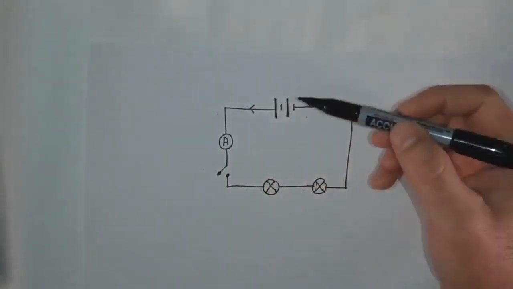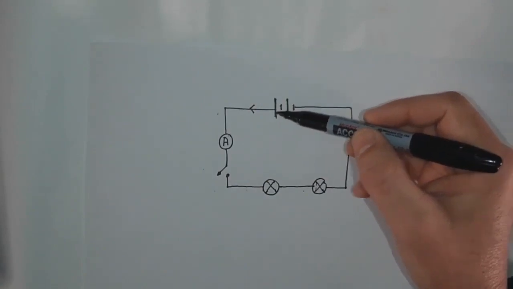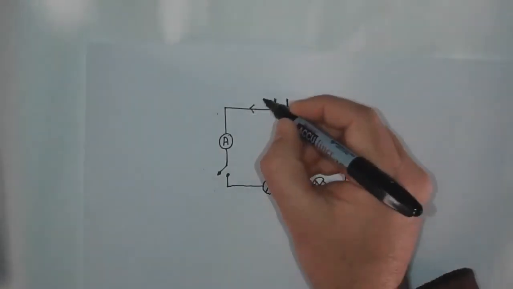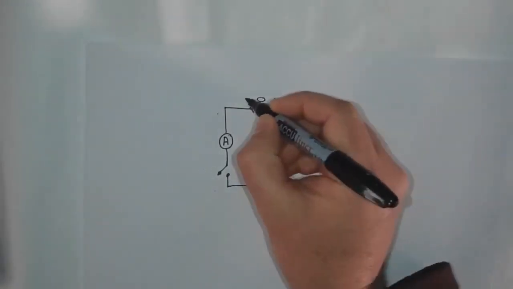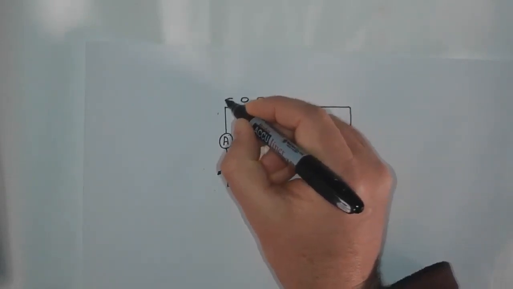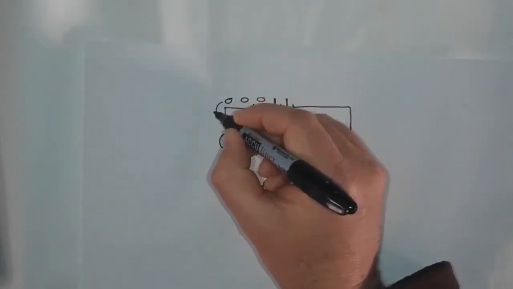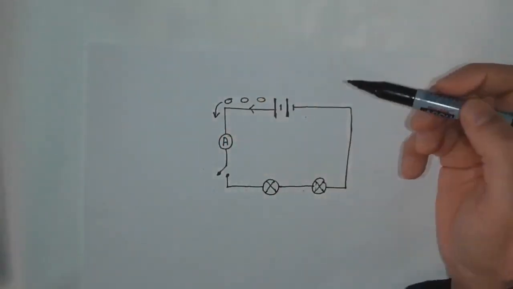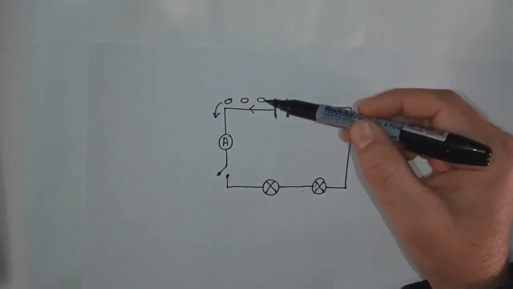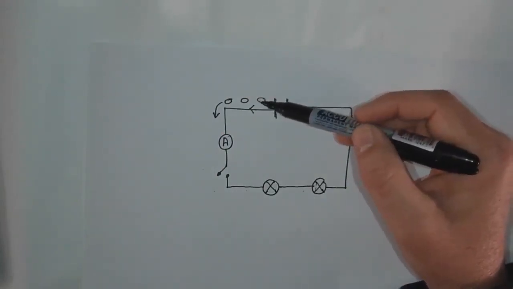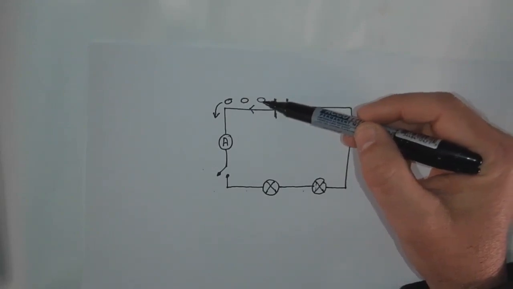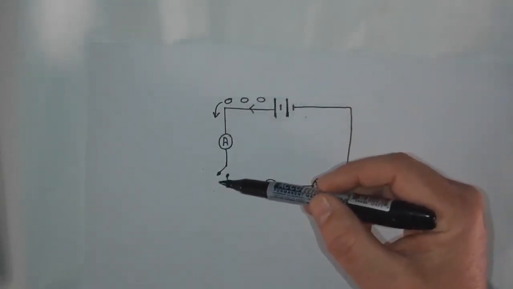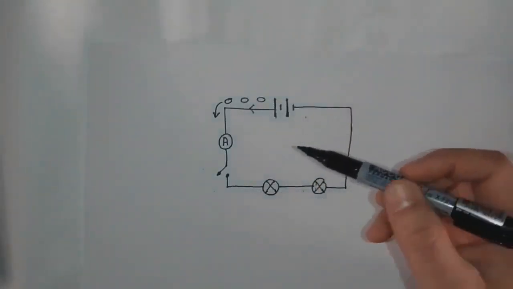This is of course conventional current. So the current will flow. I'm going to draw the current with these little circles, just indicating to you that that is current or charges which carries energy, which are flowing now through this circuit.